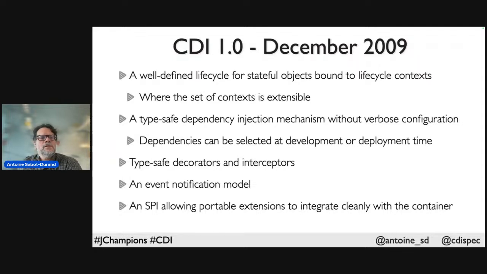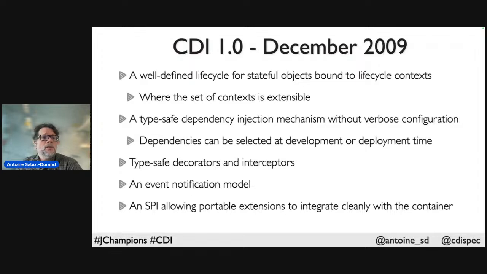There was also some AOP in the framework, so it was a way to have type-safe interceptors and decorators. And there was also something that is still very popular in CDI: an event solution, an event bus at the framework level that is used a lot in the portable extension solution.